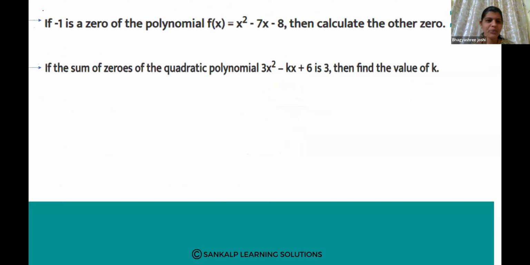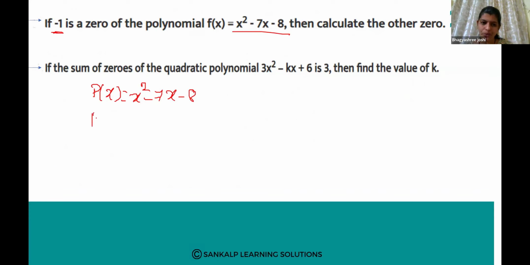Observe carefully. If minus 1 is a zero of the polynomial x square minus 7x minus 8, then calculate the other zero. So 1 zero is already given and we need to find the other zero. How? p of x equal to x square minus 7x minus 8 is the quadratic polynomial. 1 zero is already given, that is minus 1.